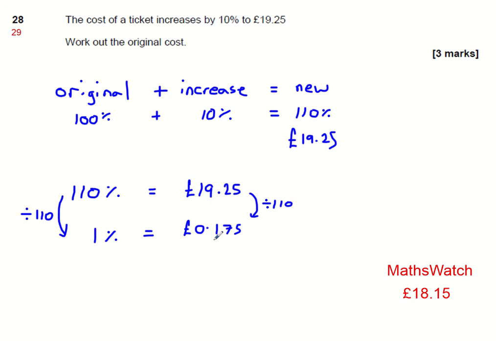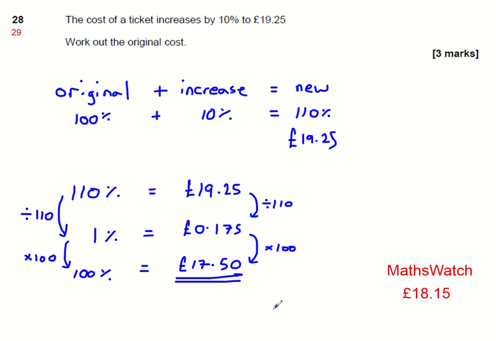There's 1%. We can then scale that back up to 100% by multiplying by 100. And so on the right hand side, 0.175 multiplied by 100 is £17.50. So the original price was £17.50.